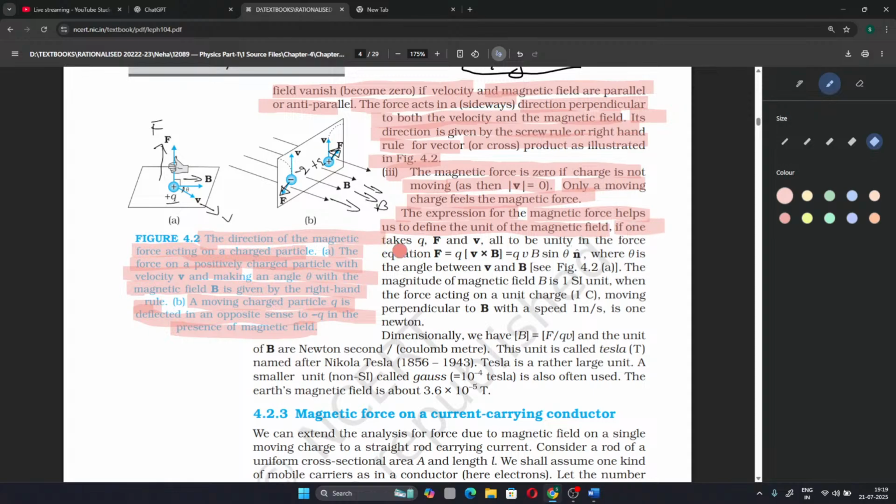If one takes the charge, force and velocity all to be unity in the force equation, F equals QVB sine theta n-cap, where theta is the angle between V and B, the magnitude of magnetic field is 1 SI unit when the force acting on a unit charge, 1 coulomb, moving perpendicular to B at a speed of 1 meter per second, is 1 Newton.